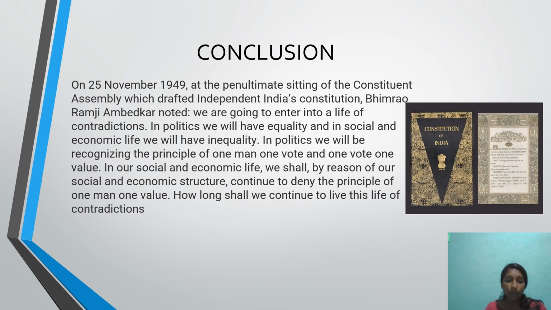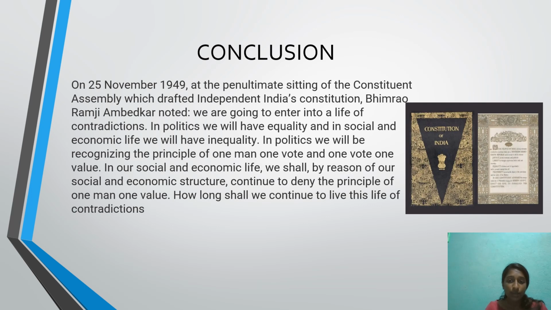On 25th November 1949, at the penultimate sitting of the Constituent Assembly, which drafted independent India's constitution, Bhimrao Ramji Ambedkar noted, "We are going to enter into a life of contradictions. In politics, we will have equality, and in social and economic life, we will have inequality.